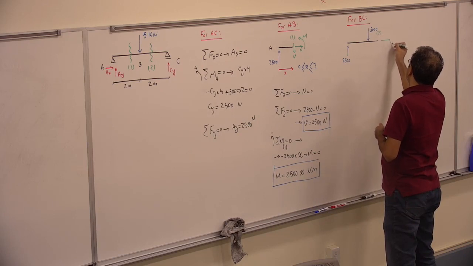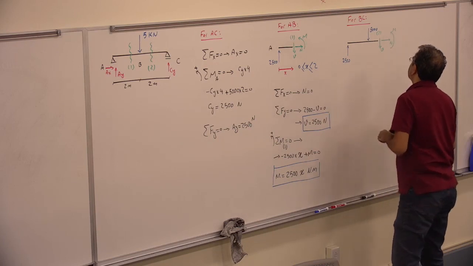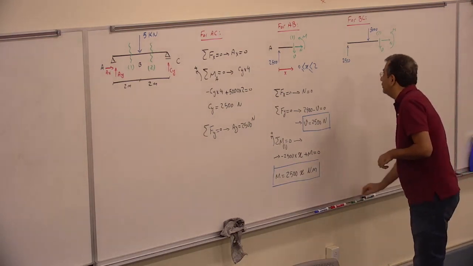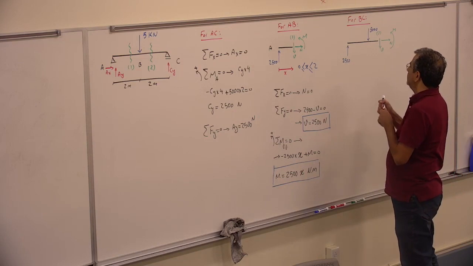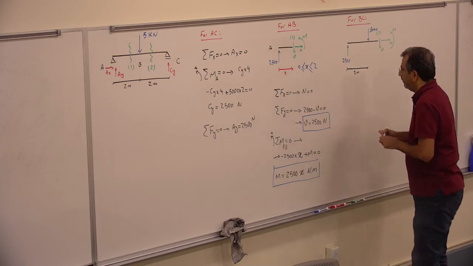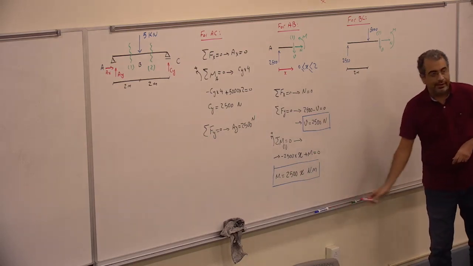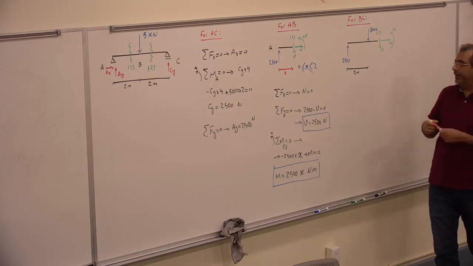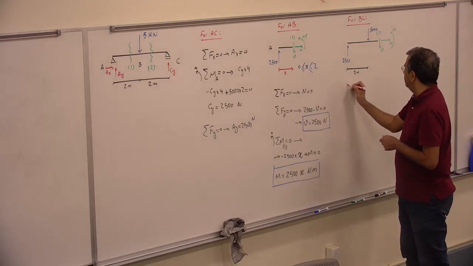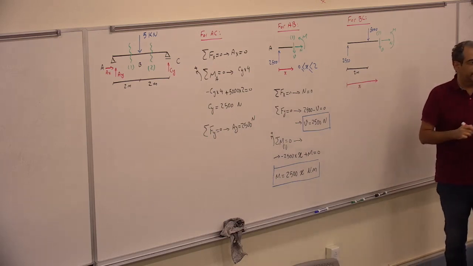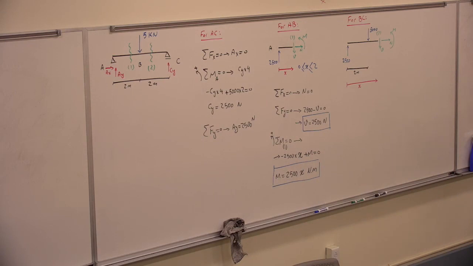I have the N, I have the V, I have the M. This distance is 2. And again, x starts from the very left of the beam. So x will just start from here to this section. That's going to be x, from the beginning of the beam to where you cut it.